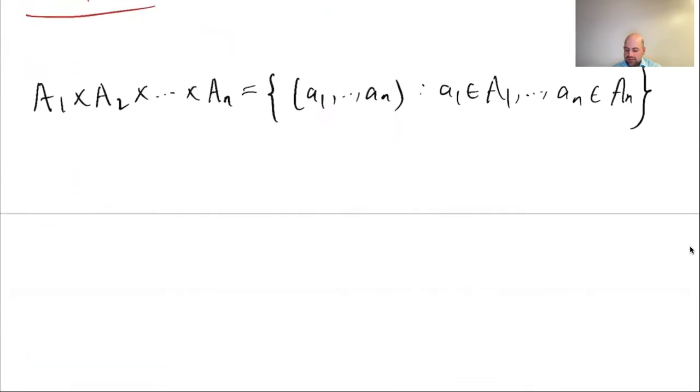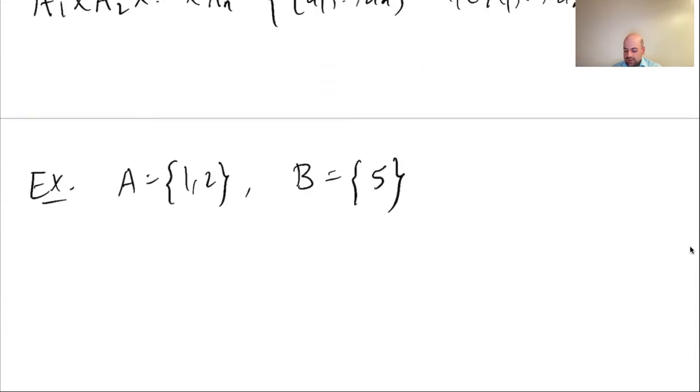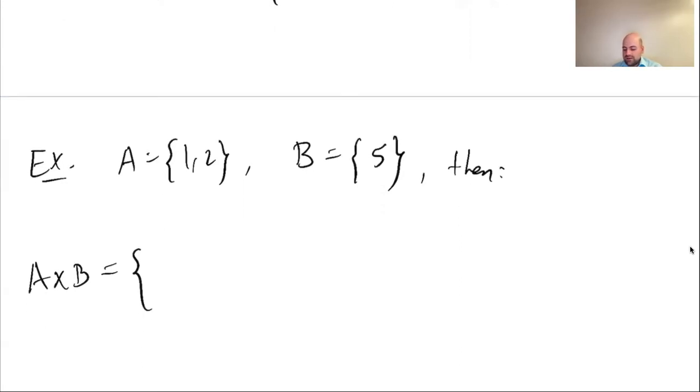The definitions are similar. Now example, let's say A equals {1, 2}, B equals, let's say, {5}. Then if you want to find A cross B, so all the pairs of the form (a, b), the first coordinate comes from the first set, second coordinate from the second set.